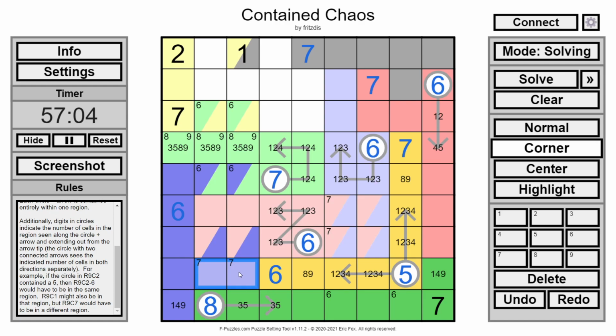Okay, that's something at least. Reducing some options, always a good thing. We already know the 6 is in there for light yellow. And then we have this little, I guess we could pencil mark this. 6 for gray is up here.